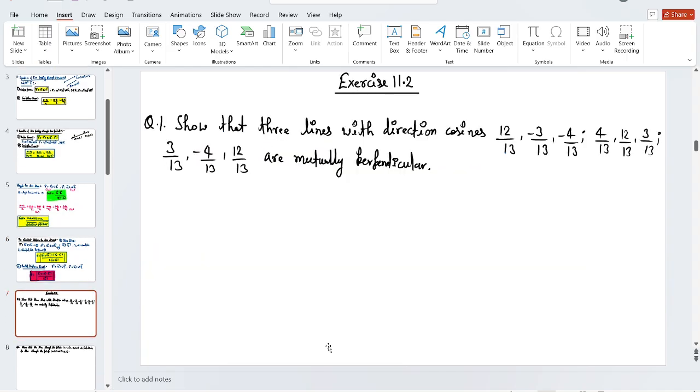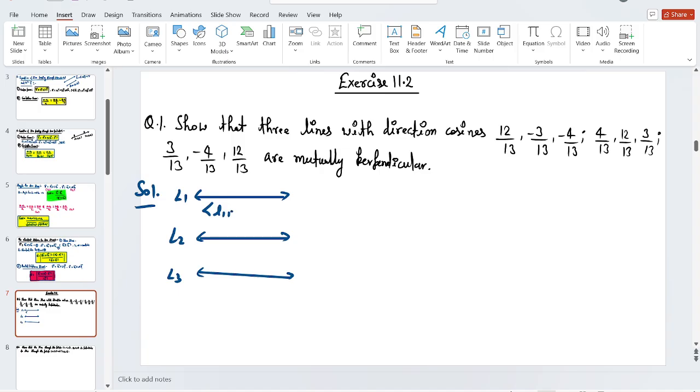This is exercise 11.2. Show that the lines with the given direction cosines are mutually perpendicular. So the solution is: suppose this is the line L1, this is the line L2, and this is the line L3. Suppose the direction cosines of the first are l1, m1, n1, and of the second are l2, m2, n2.